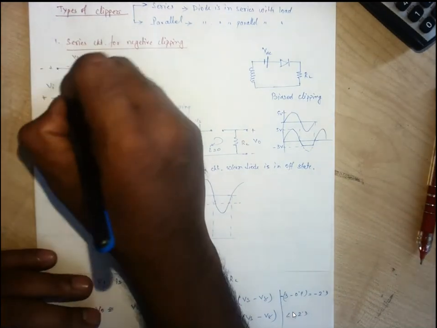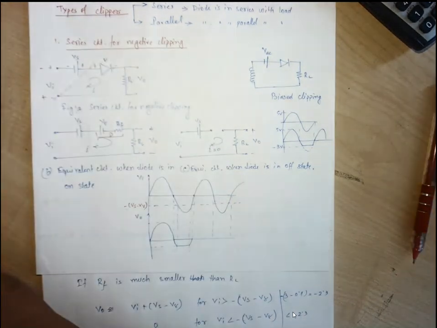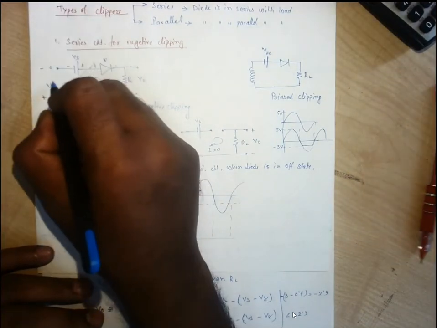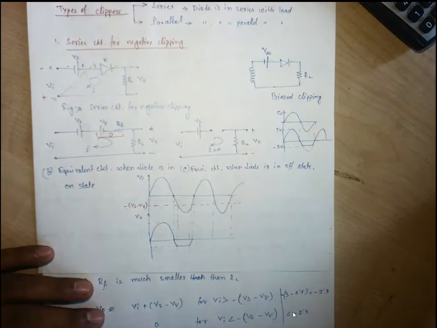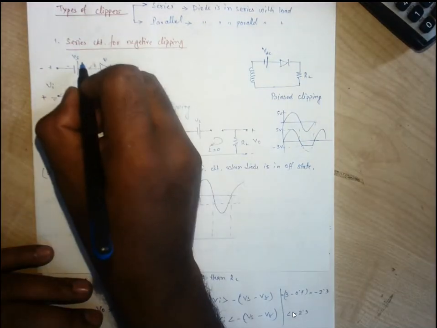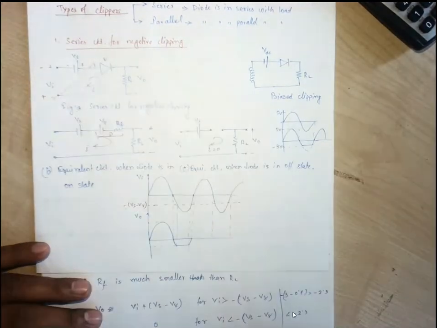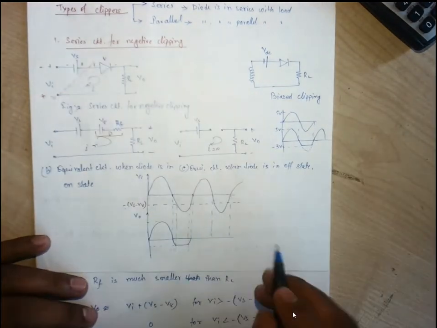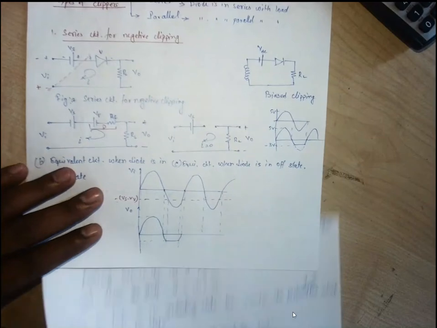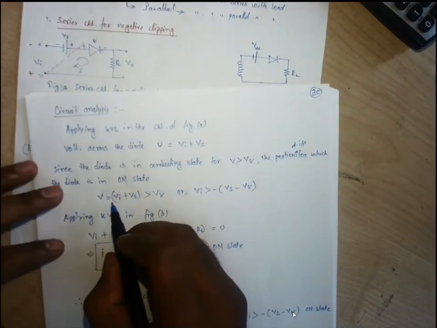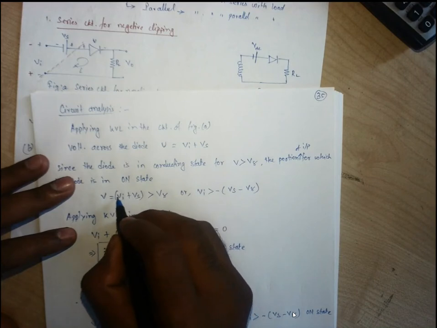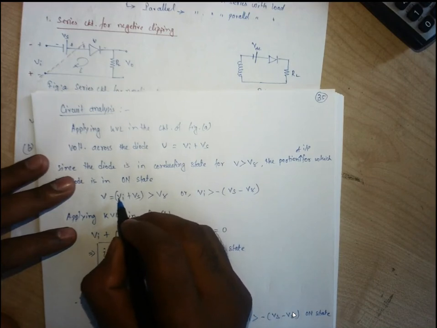So this difference voltage is now going to apply across this diode. So if it is 0, then 0. If we are considering minus plus as positive, then plus minus will be negative, right? So if we are considering over here the equation which I have just written, that is V equals Vi plus Vs. Now our Vi is going to become negative.